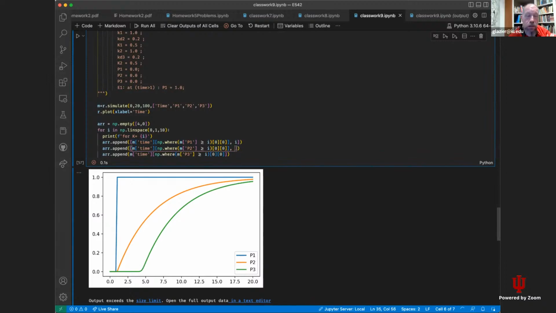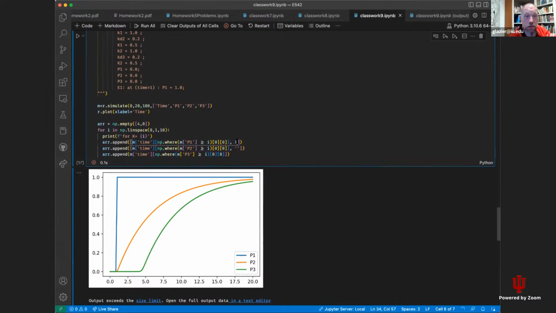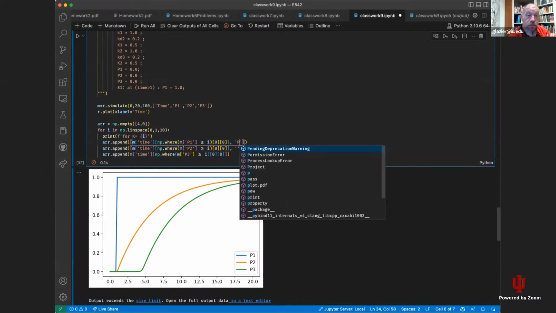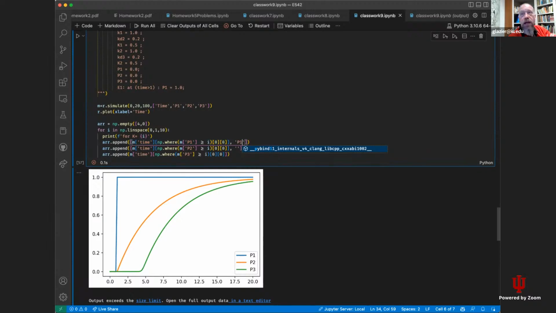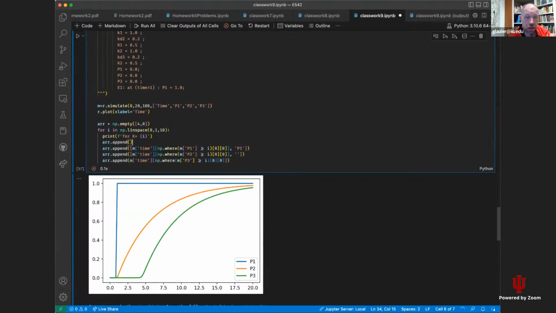Well, so what I think you want, I should let you guys figure this out for yourself. The way I would do it is I would have the first column be the value of K. The second one would be the time at which P1 reaches K. The third one would be the time at which P2 reaches K. The fourth one would be the time at which P3 reaches K. Is this the right formatting then?